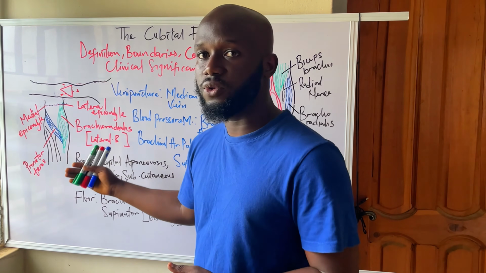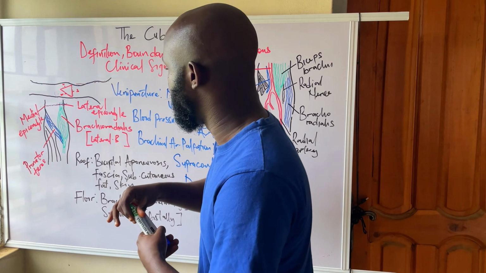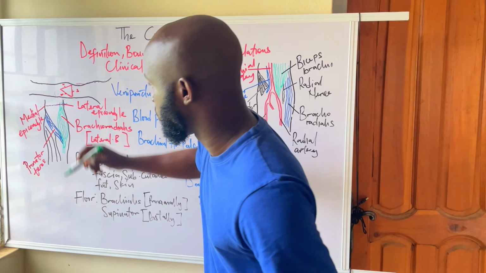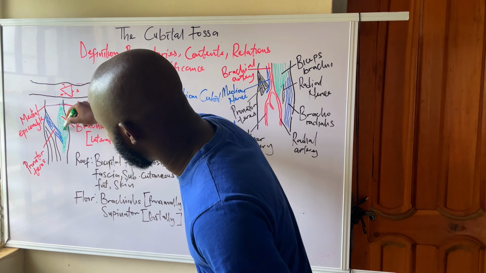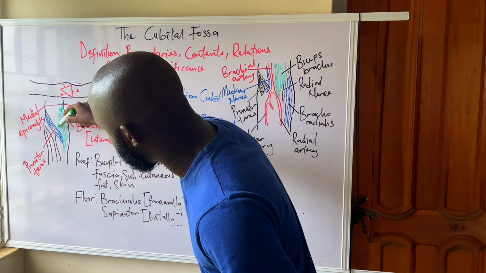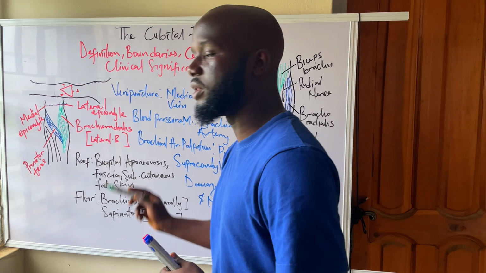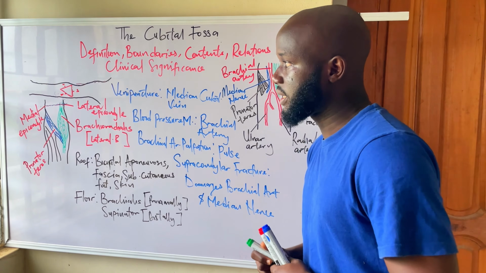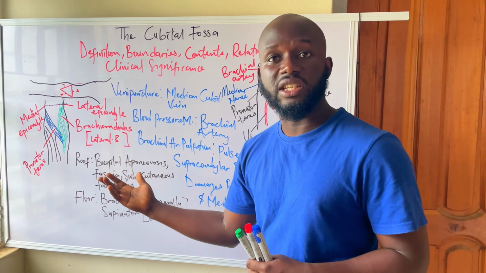So let's go to the lateral border of the cubital fossa. The lateral border of the cubital fossa is formed by the medial border of the brachioradialis muscle. If this is the brachioradialis muscle, then this triangular depression is formed by its medial border. Having said that, let's move straight to the medial border.